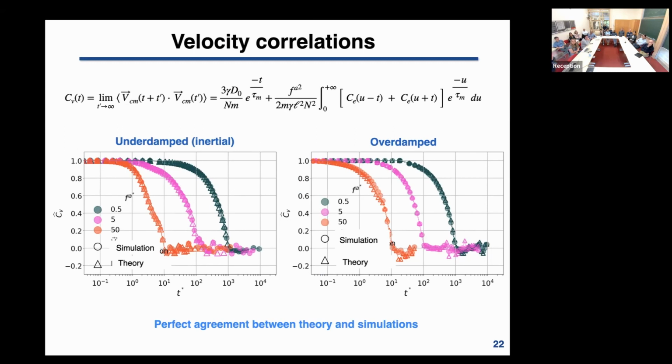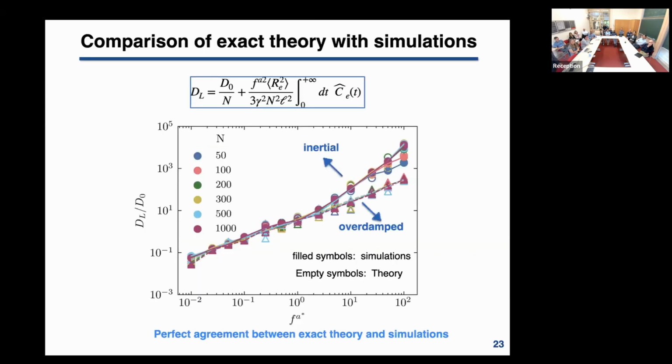It agrees, just the way equations are correct, working for this smaller system. And then the good thing is that, as I told you, once you have the correlation function you can calculate the long-time diffusion difference.